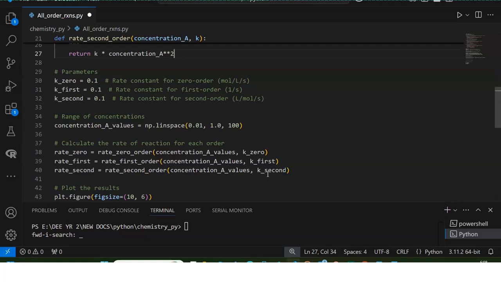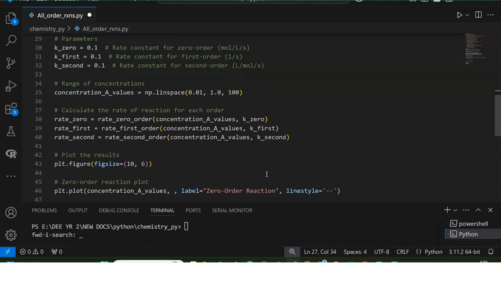So now we got plots. In plotting, we need to look at what we are plotting against what. The x-axis is going to have the concentration of A, which is the reactant, and the y-axis is going to have the rate of reaction.